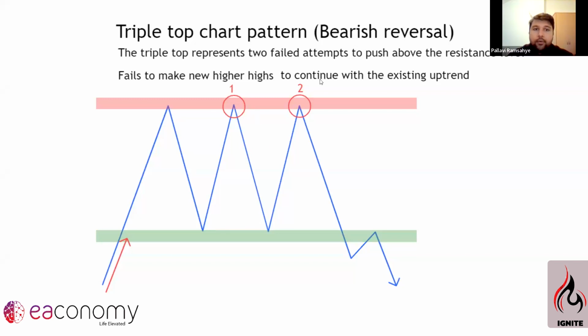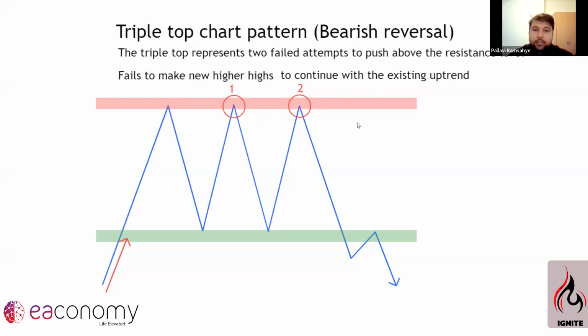So essentially what this shows is that the price action itself is failing to create new higher highs to continue the existing uptrend. As you can see here, the price was on an uptrend and then failed to create the higher highs, which then indicates price reversal.